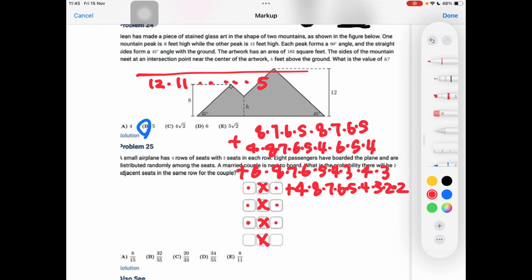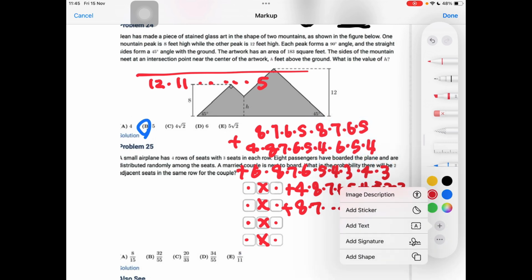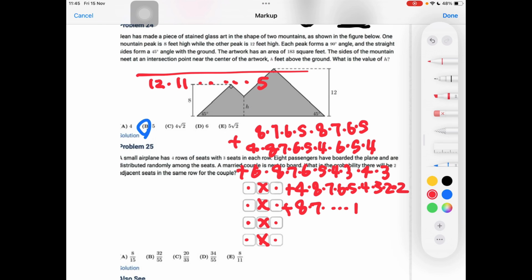So now this is the last case. And we have 8 seats and 8 passengers. So we can just go through 8, 7, 6, 5, 4, 3, 2, 1. Just to make the calculation easier, the first one I can make 8, 7, 6, 5, 4, 3, 2, 4 here, 3, 2 here.